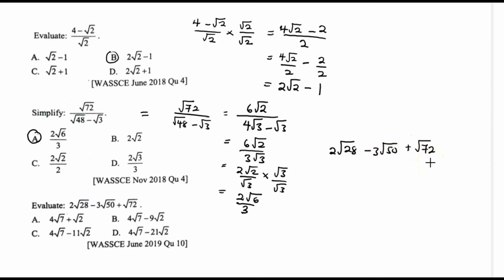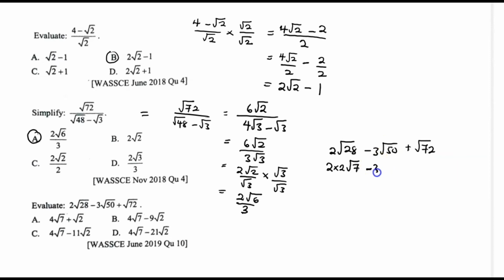Root of 28 gives us 2 root 7. So we already have a coefficient of 2, so we are going to have 2 times 2 root of 7. Then minus, root of 50 is also going to give us 5 root of 2.